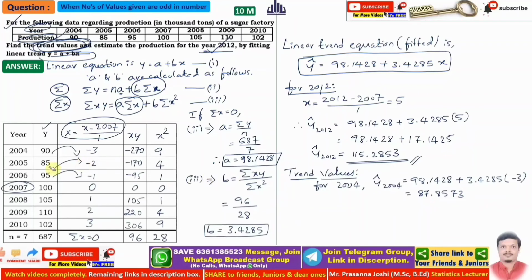Now, for 2005, 2006, 2007 and all the remaining years, we have to substitute the x values as -2, -1, 0, 1, 2, 3. When we substitute all those, we get the remaining trend values. Showing one calculation is enough, and you can write the rest similarly.